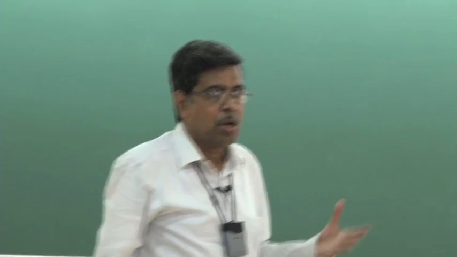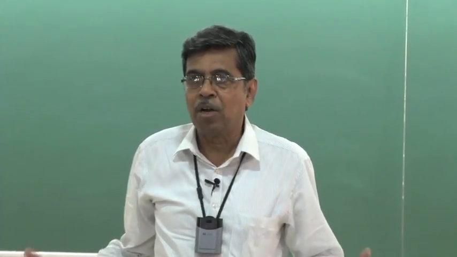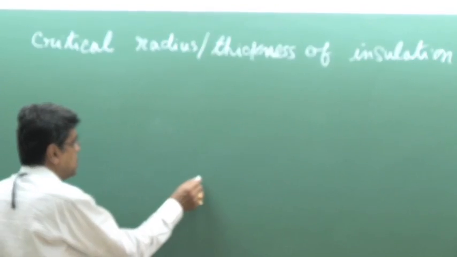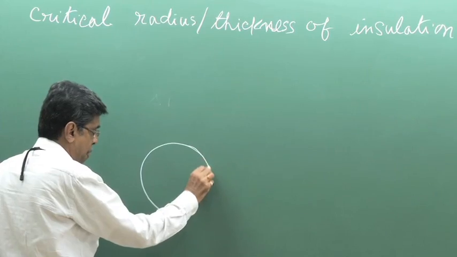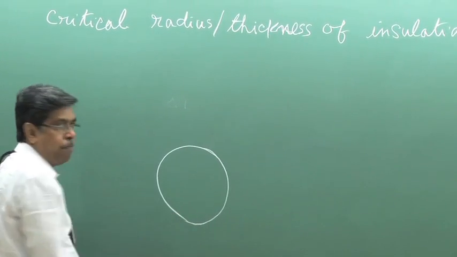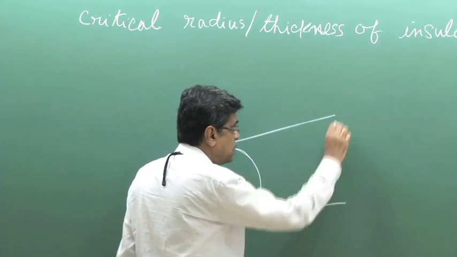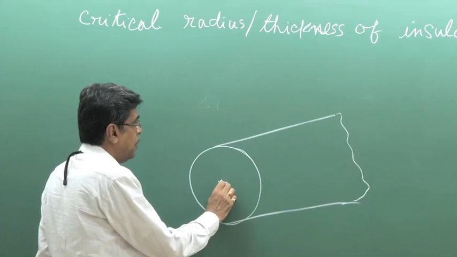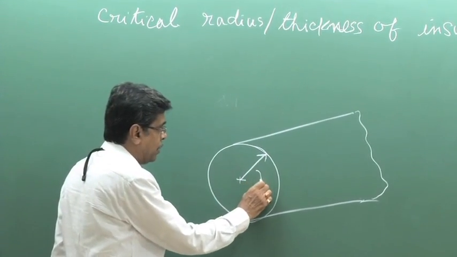Let us consider a problem on the backdrop of our knowledge from the last class: we have a cylindrical pipe like this, whose external, that is outer, radius is R1.